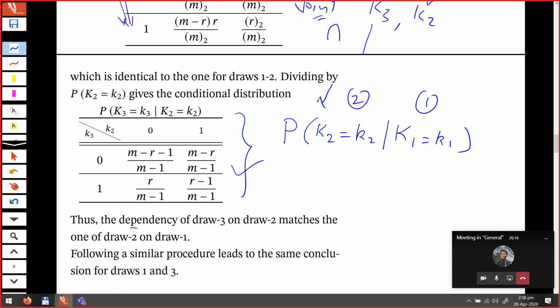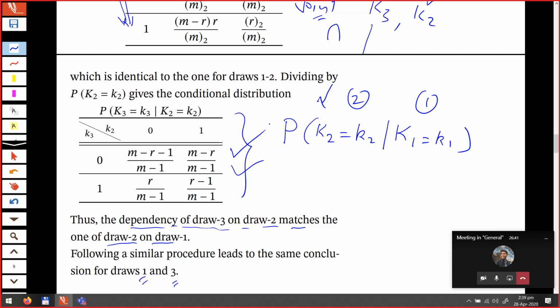Just read this out. The dependency of draw 3 on draw 2 matches exactly the dependency of draw 2 on draw 1. If you follow a similar procedure for other combinations, you will also learn, and you can do that yourself, that the dependency of draw 3 on draw 1 is also the same as the dependency of draw 2 on draw 1. Every time you will get the same table.